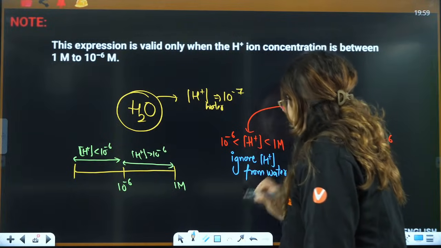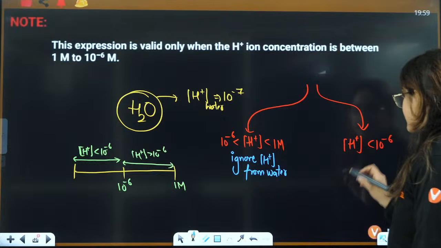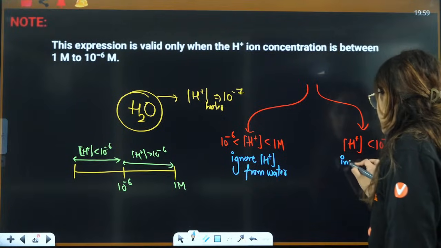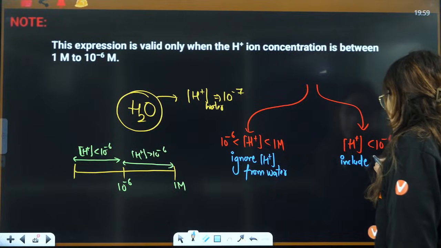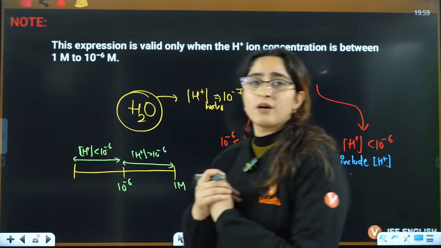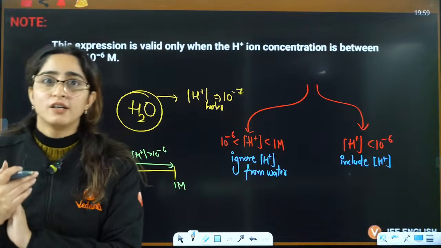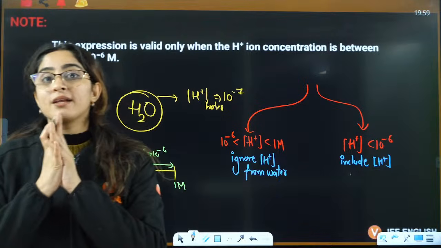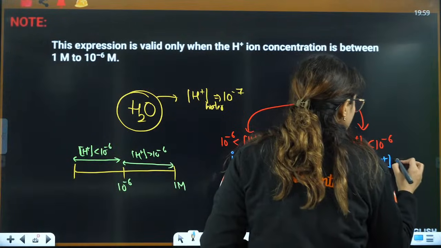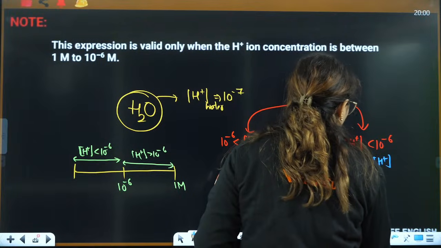Here in this case, include H positive from water. Include, because you are like, I have less than 10 raised to power minus 6, so I need water. Water has 10 raised to power minus 7 concentration, I need it. So include H positive concentration from water.